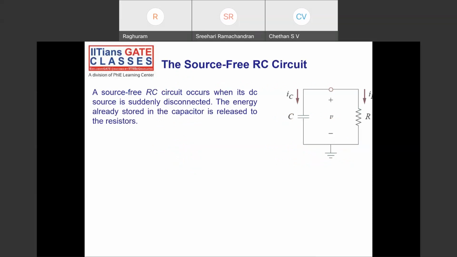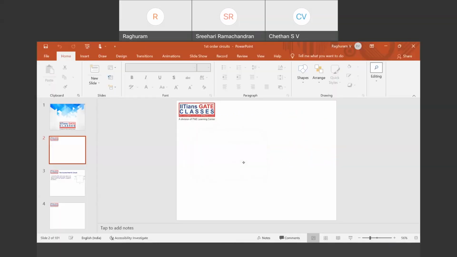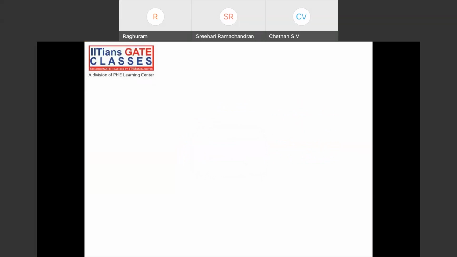And in transients, we will study something like this. We'll have source-free RC circuits, RL circuits, with the source RC, RL.